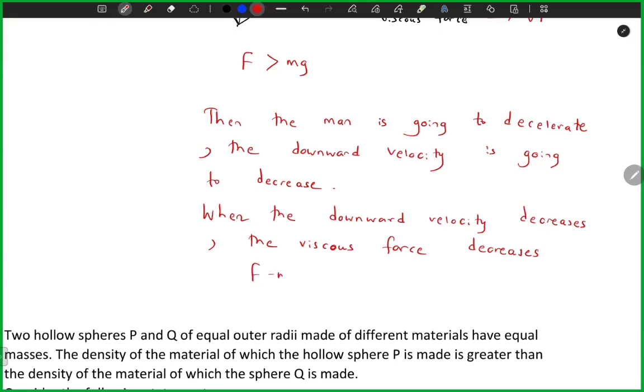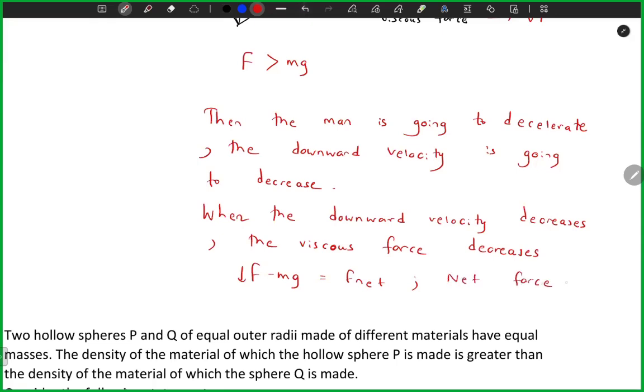Now, F minus mg was the upward acceleration or the downward deceleration, right? F minus mg was acting upwards, which was reducing our velocity. So when the downward velocity decreases, the viscous force decreases. When the viscous force decreases, what happens to the net force? Net force decreases.